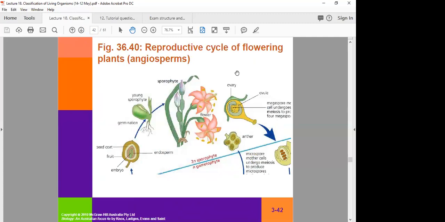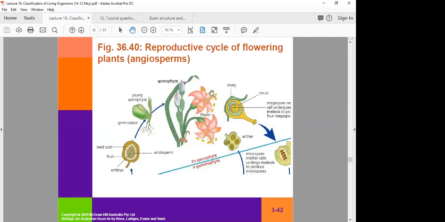Let's look very briefly at the reproductive cycle of the flowering plants. Very briefly, and we'll look at this in a lot more detail in the second semester. So if we take just a couple of structures from this flower, this central structure here, which is the carpel, and that's pictured here. That's the female reproductive organ.